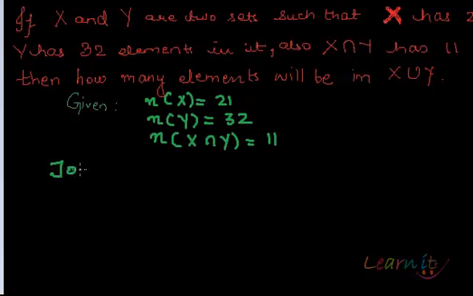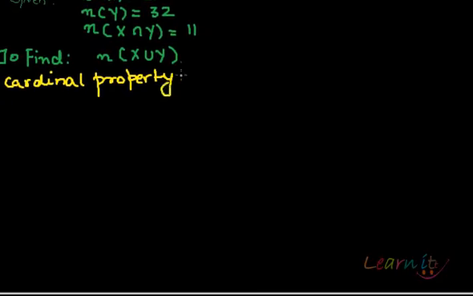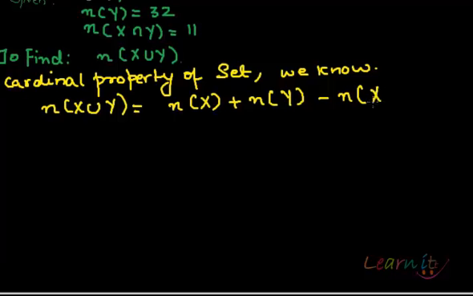And we need to find n(X union Y). Now by the cardinal property of sets, we know n(X union Y) would be equal to n(X) plus n(Y) minus the elements in the intersection of the two.